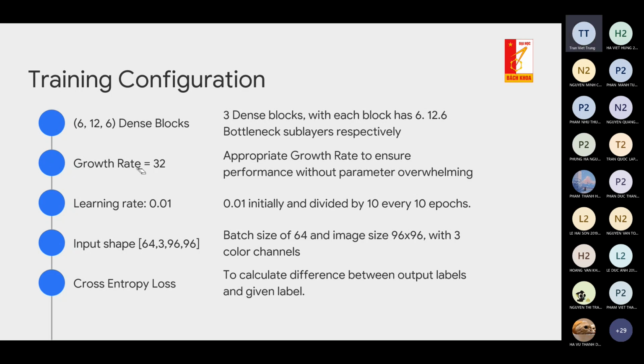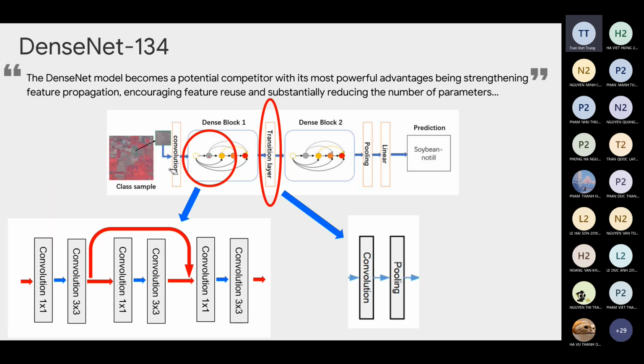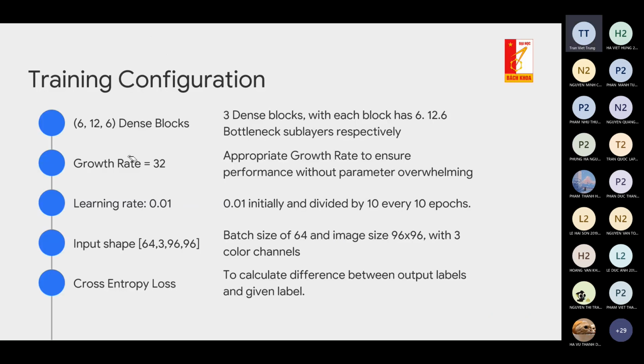And the growth rate equals 32. It means that after each circle, after each flow of the mini layer here, the number of our channel stack will be increased by 32. That is the growth rate of the model. Those are the two most important pieces of information about our model.